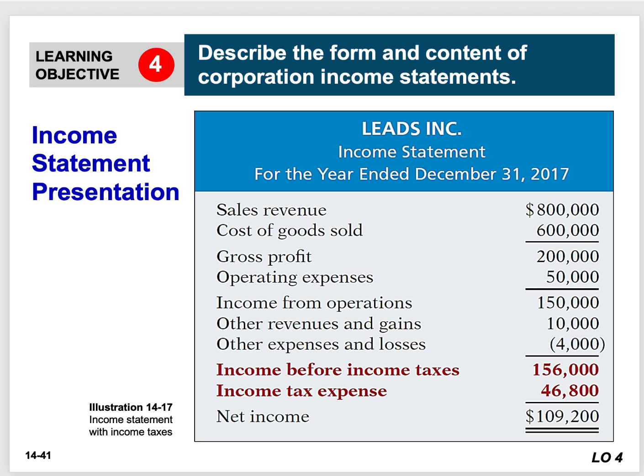Perfect. Once we have our income from operations, we can then tell the investor, here's all the other revenue and expenses that we generated and some of the gains and losses that we have generated. Remember, gains and losses result from selling revenue-producing assets that we have, disposing of PP&E.